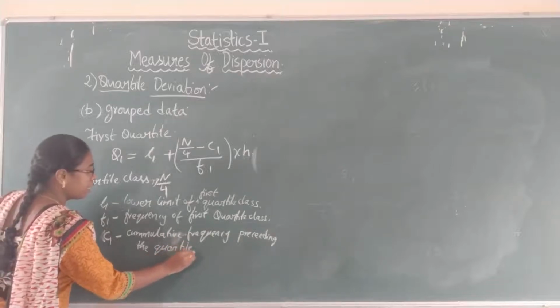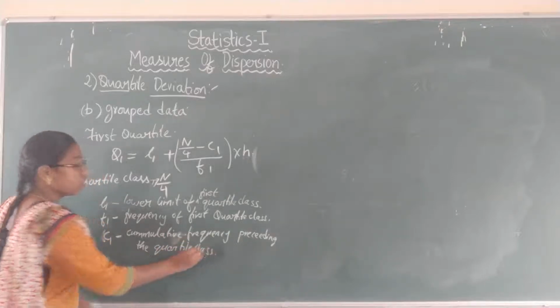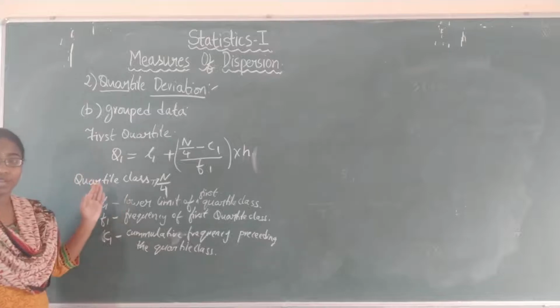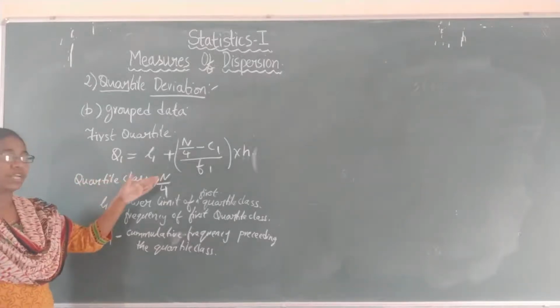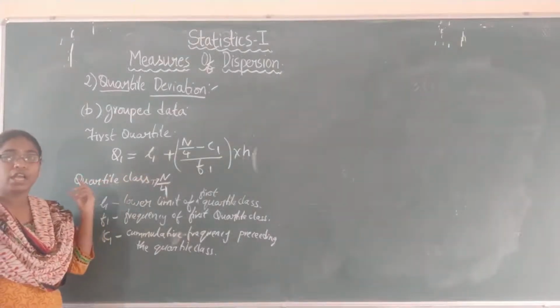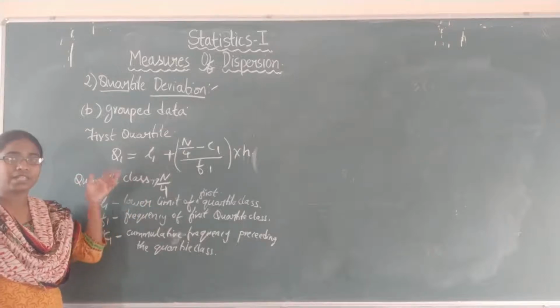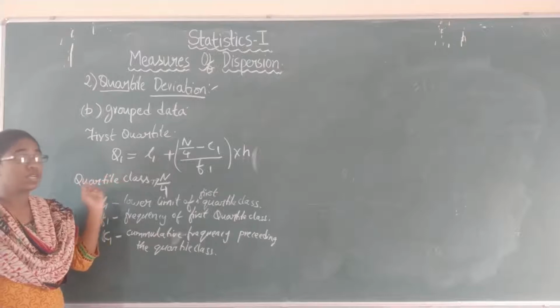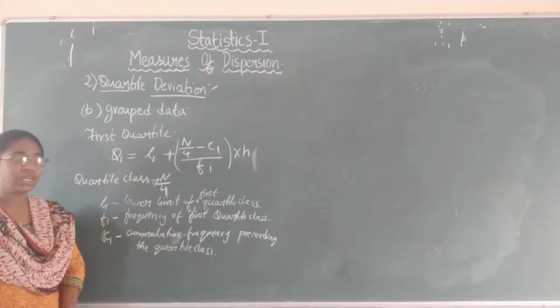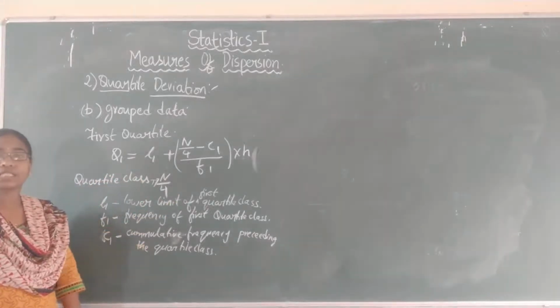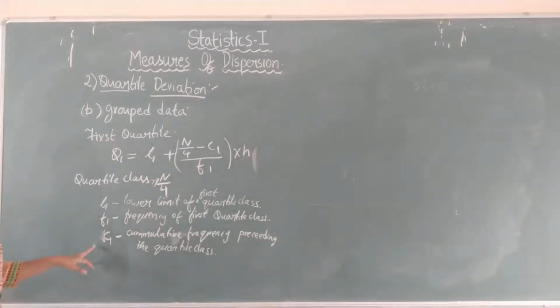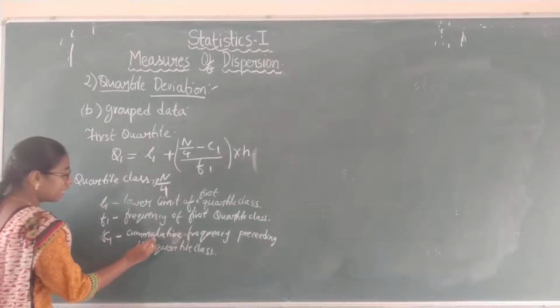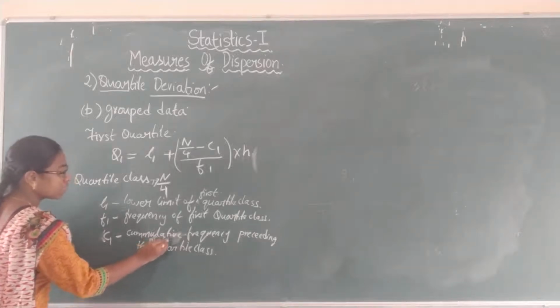After getting the quartile class, take the cumulative frequency before it. Suppose 10 to 20 and 20 to 30 are classes, and 20 to 30 is the quartile class. Preceding that, 10 to 20 is the class. Whatever the cumulative frequency corresponding to 10 to 20 is, that is considered as C1, the cumulative frequency preceding the first quartile class.